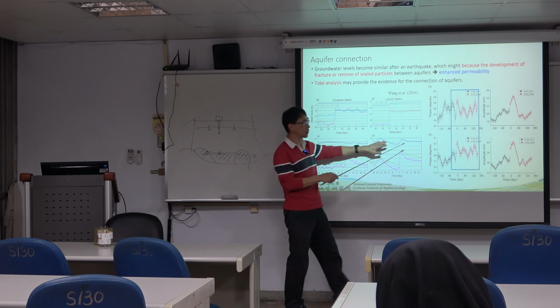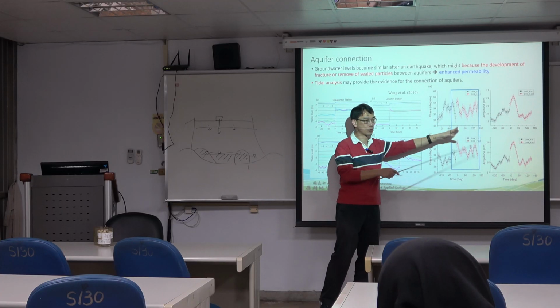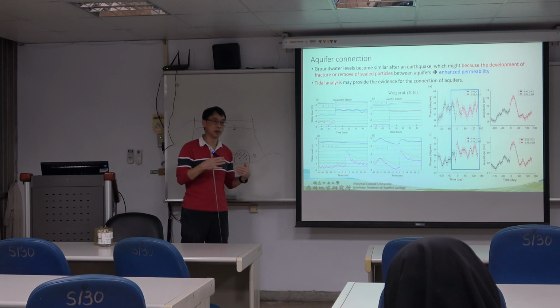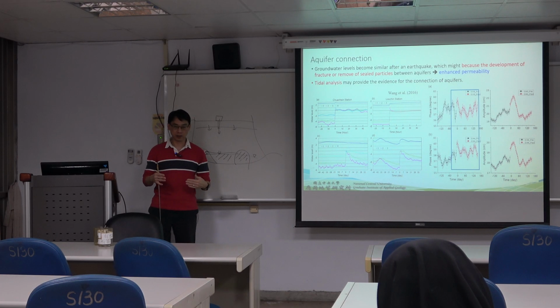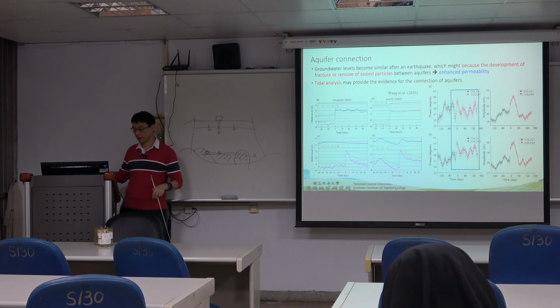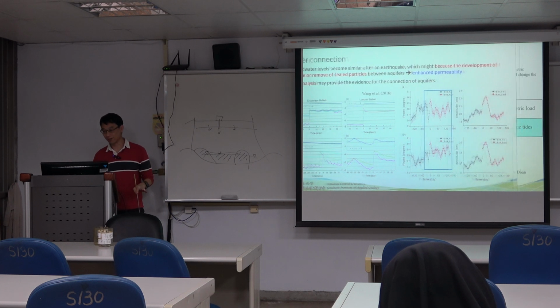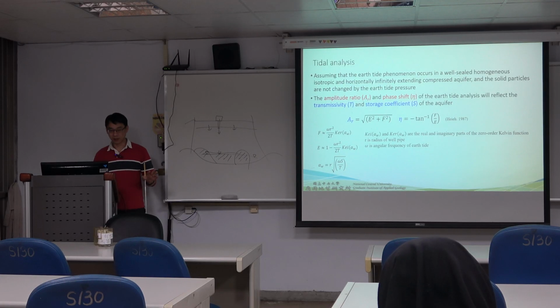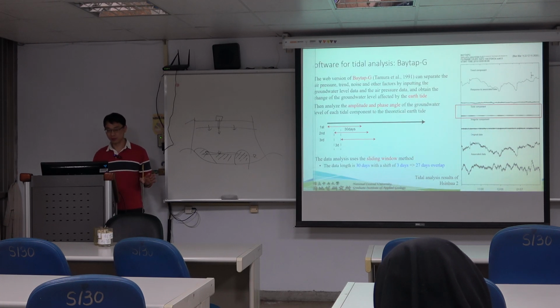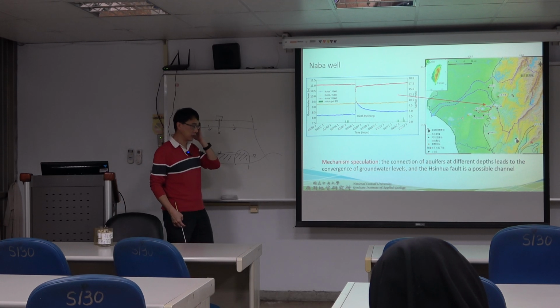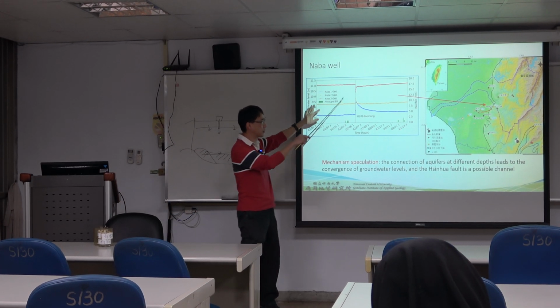Before the earthquake, they might have one pattern, and after the earthquake, they might have another pattern. So they can use these differences to see if the permeability of the system was affected or not. Okay, that's the concept. But for the details, I think we do not have time, so I'll skip this part. You just memorize that they use the time differences, and we can use that to quantify why they have this kind of difference.